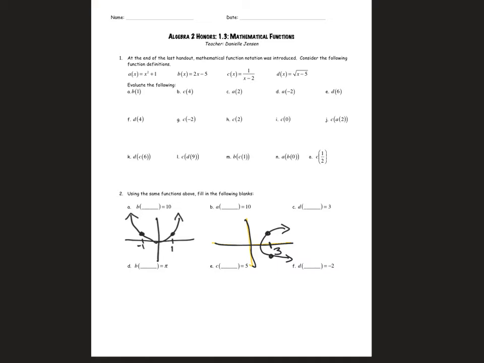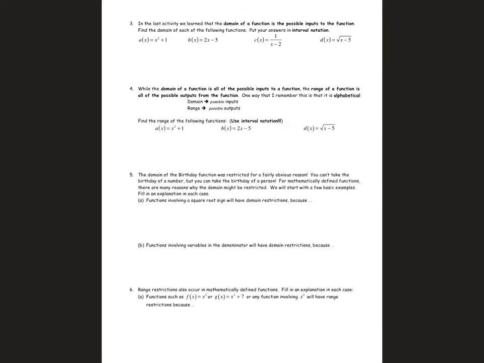Okay, so then we talked a little bit about how the set of all inputs is called the domain, and the set of all outputs is called the range. When you're thinking about domain, you want to think about what's mathematically illegal, what can't we do? And we're talking over the real numbers right now, so I'm not talking about the imaginary numbers.